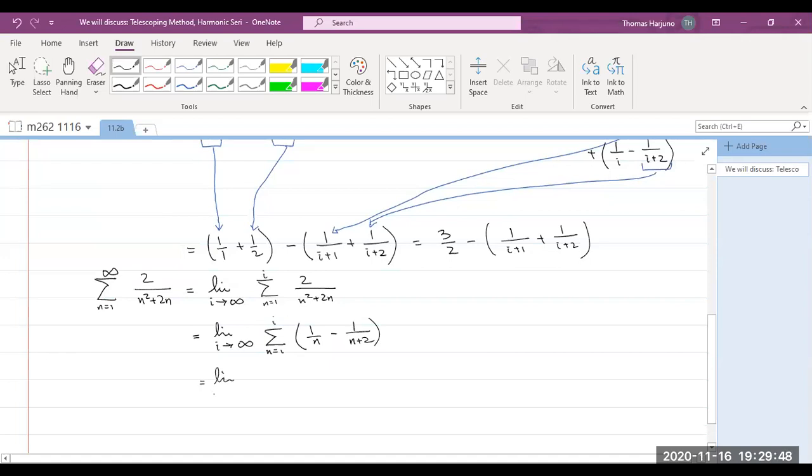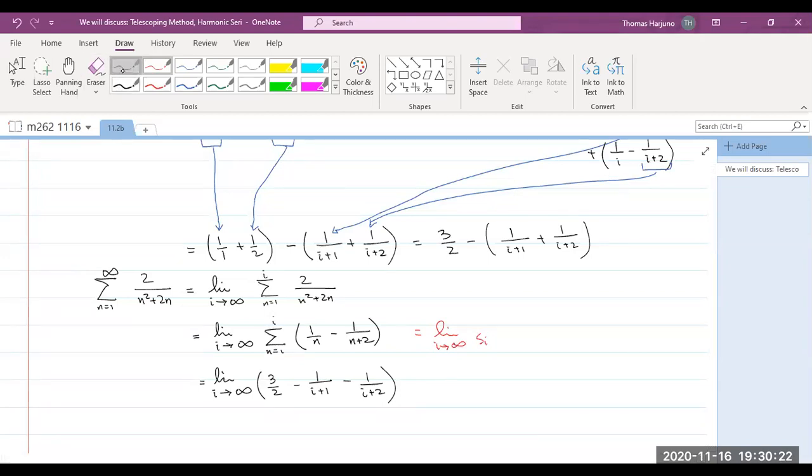And that is the limit as I goes to infinity of 3 over 2 minus 1 over I plus 1 minus 1 over I plus 2. Right? This is basically the limit as I goes to infinity of the ith partial sum. Then we see that this is equal to 3 over 2 minus 0 minus 0.